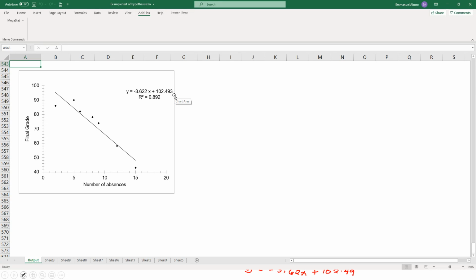The other 10.8% of the data is affected or is explained by the variables or factors not included in the analysis. So that's how we are going to interpret our r squared.